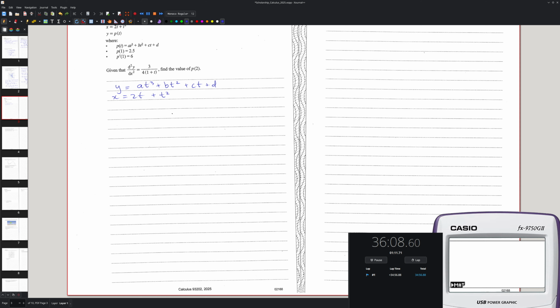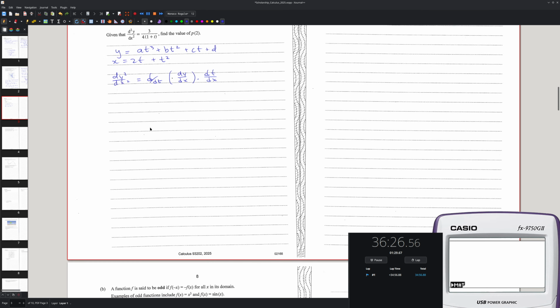d squared y over dx squared is equal to d by dt of dy by dx times dt by dx. What the? Okay, wait. Okay, and then this is just d by dt of dy by dt times dt by dx.